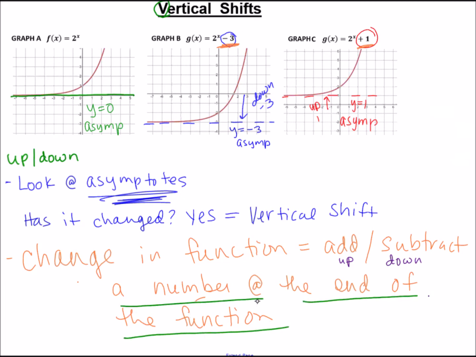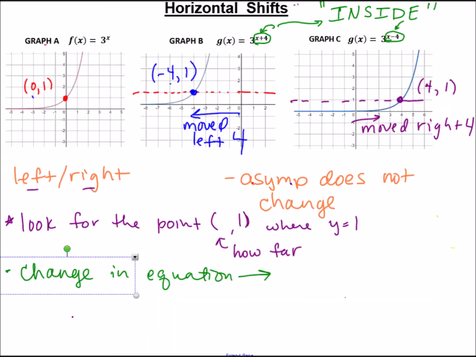I added that in, sorry, I should have went back. When you change the function for vertical shifts up or down, you add or subtract a number, but you do it at the end of the function. This one, it happens up in the power. You're going to add or subtract inside, which is up in the power.